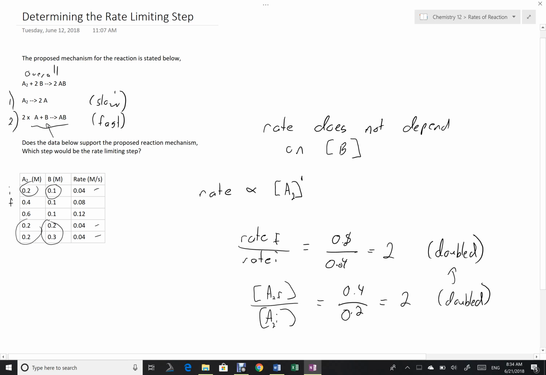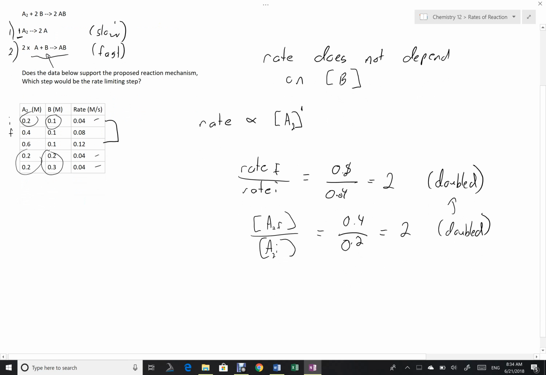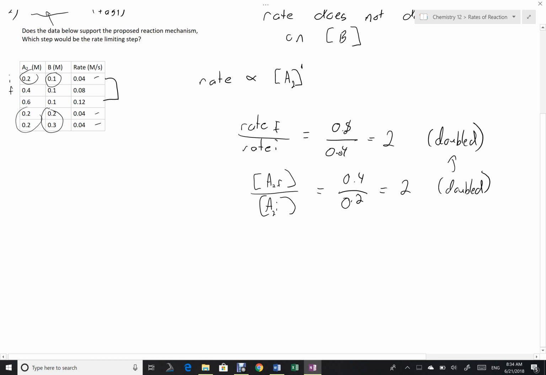And so if we go back to our rate limiting step and we see our coefficient of 1, this data supports this as a reaction mechanism. We'll do it one more time, looking at this time the first and third trial. Again, my rate final in comparison to my rate initial is 0.12 in comparison to 0.04, or a factor of 3.